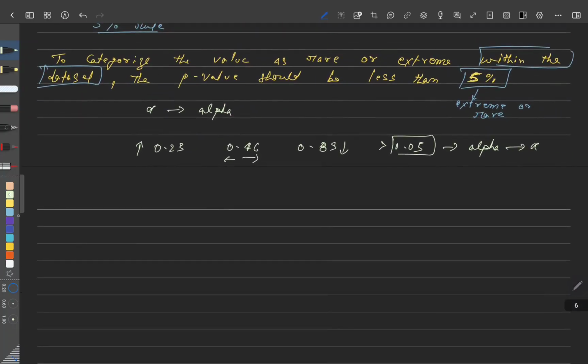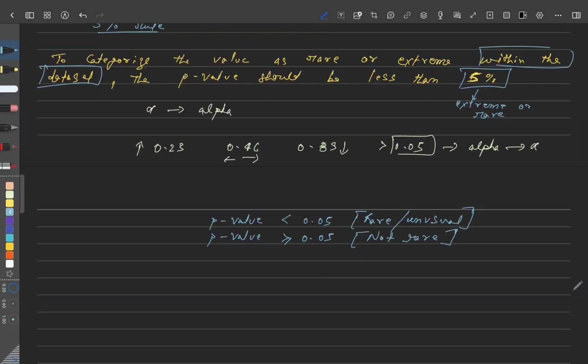So what is the rule? The rule is, if the p-value is less than 0.05, we can say that the value is rare or unusual. If the p-value is greater than or equal to 0.05, not rare. We cannot categorize it as rare.